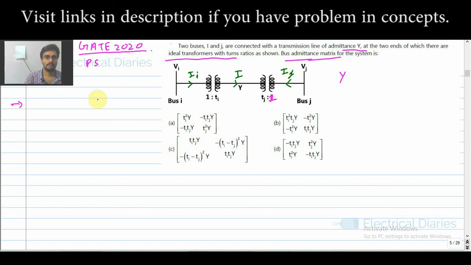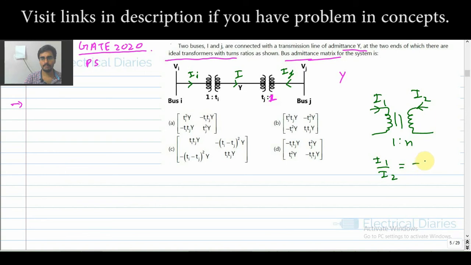Okay, see, now in the two-port networks what I am trying to say is, if this is your ideal transformer, and this is your turns ratio, and this is your I1, in two-port network you always take the direction in this fashion, that is in both the sides it is entering. So your I1 by I2 is given by minus n by 1. Okay, so this minus sign is always there because the direction you assume is opposite. So that is the way we take ideal transformer in the two-port networks.